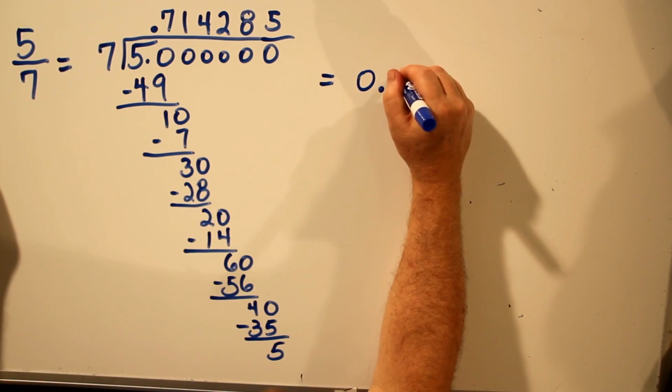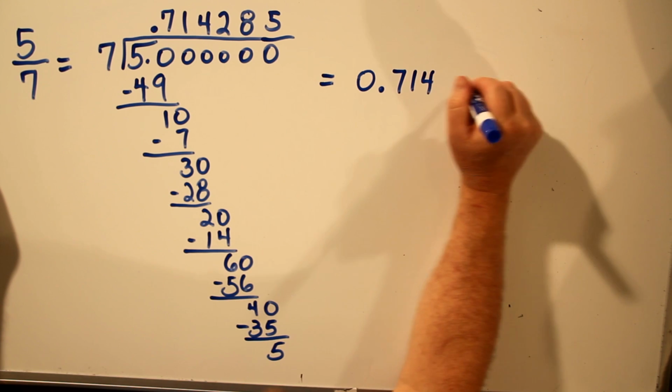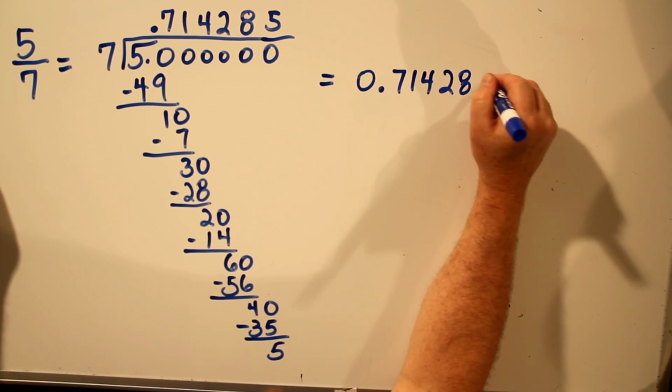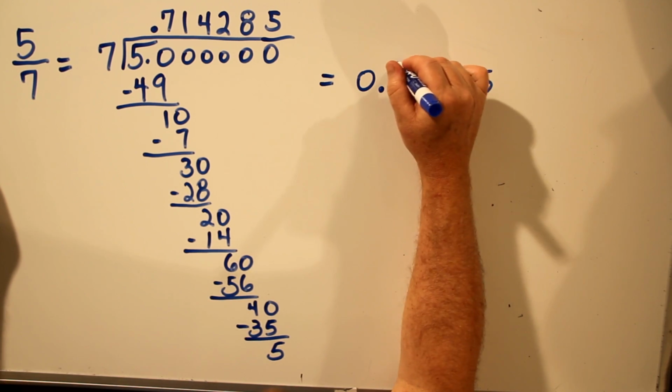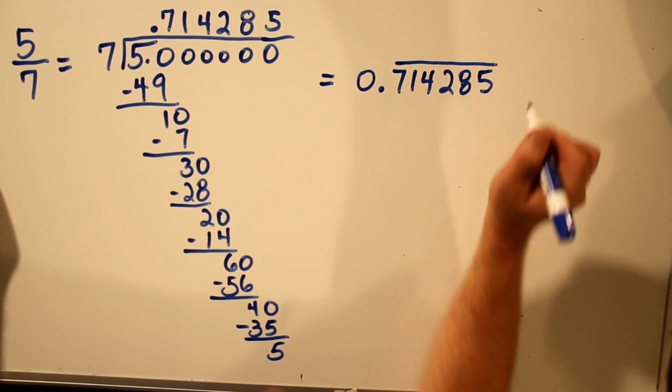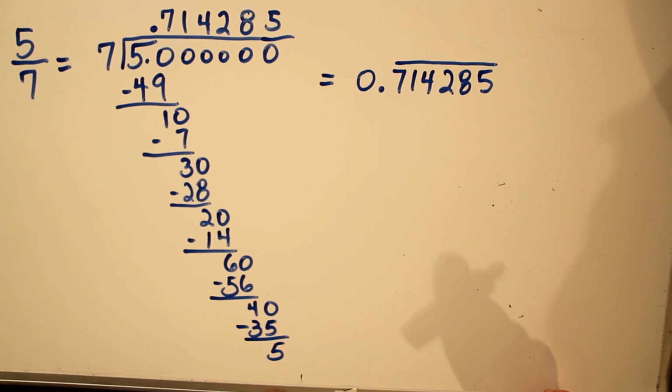It is 0.714285, all 6 digits repeat. And there are other numbers that when you divide give you a lot of digits that repeat, and they keep repeating over and over again forever, and they're repeating decimals. So that's what I can show you about repeating decimals.